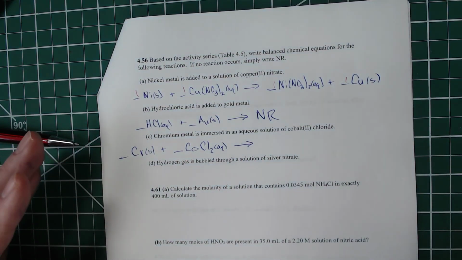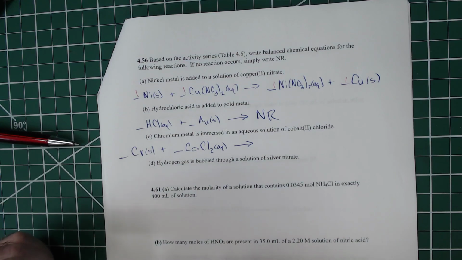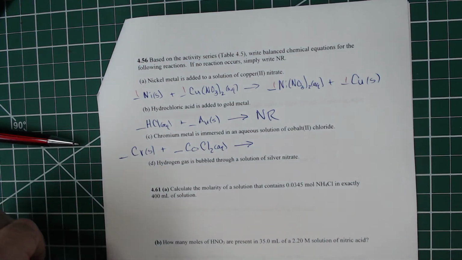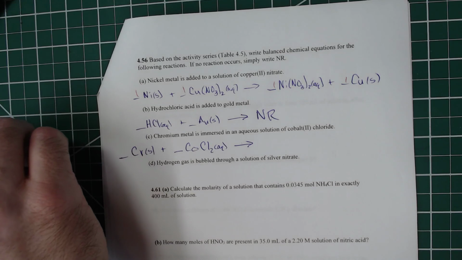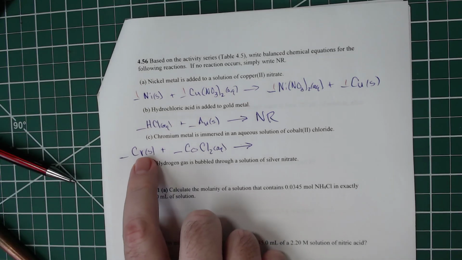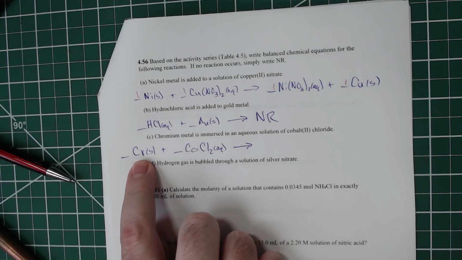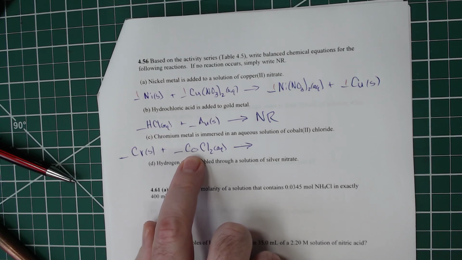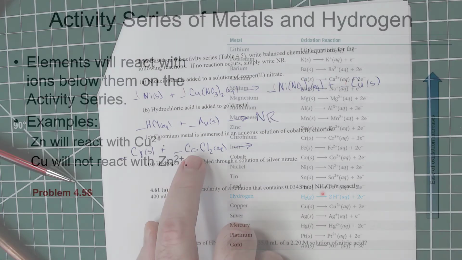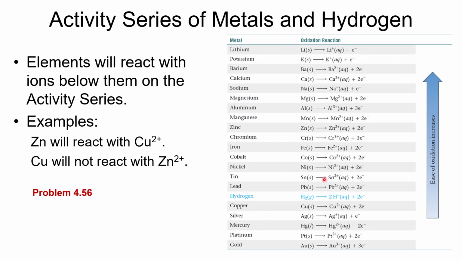Now we need to go back to our list. Our element here is chromium, and our ion is cobalt 2. So I'm going to go back to our presentation, and chromium is here, and cobalt 2 is there. So chromium is above cobalt 2, so yes, it will react.